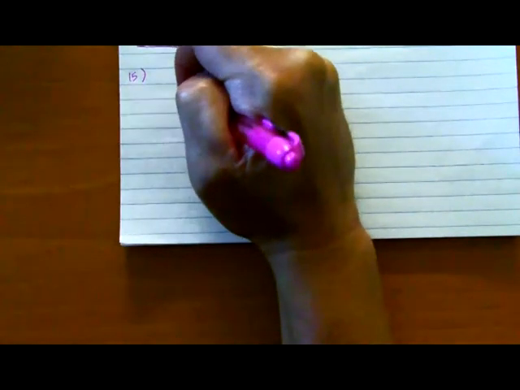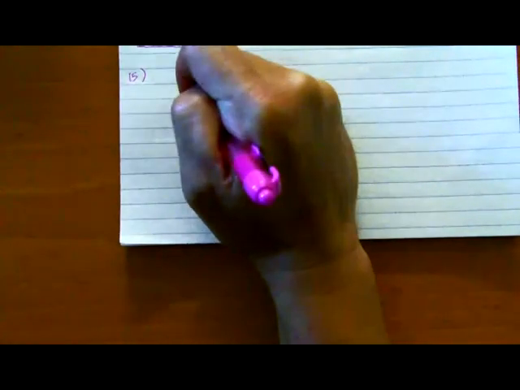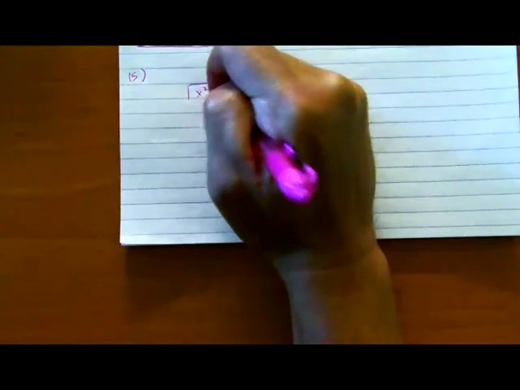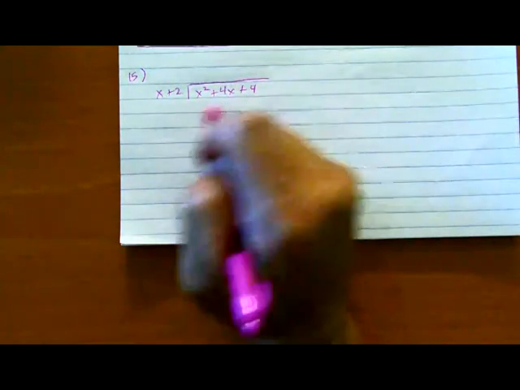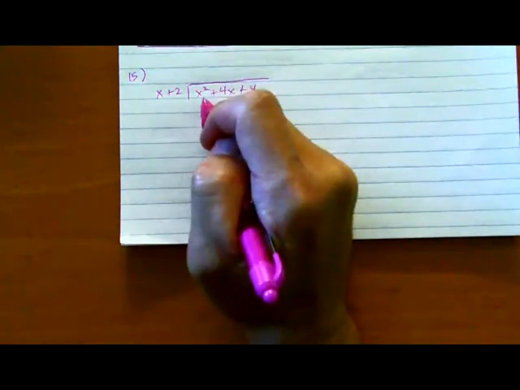Number 15. x to the second plus 4x plus 4 divided by x plus 2. Okay. Ignore these two terms, just focus on the x squared.